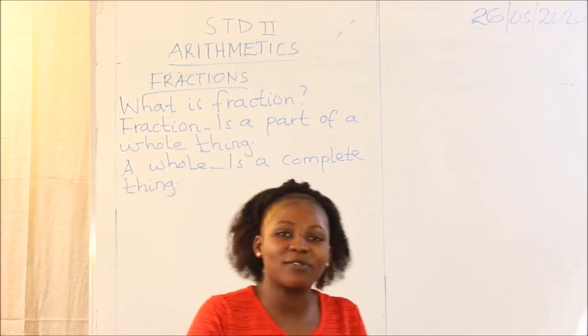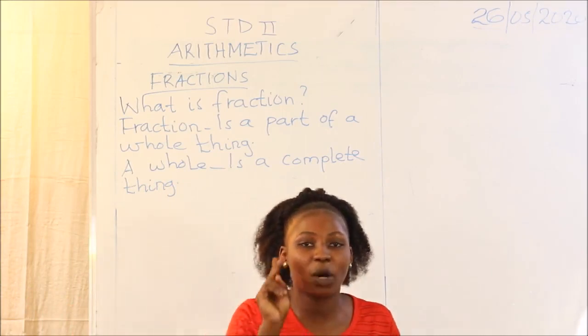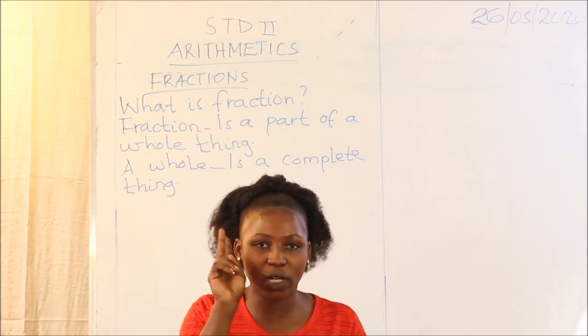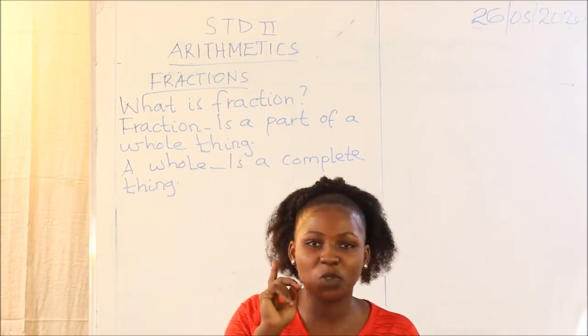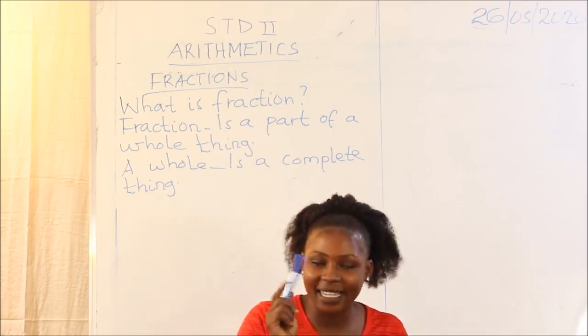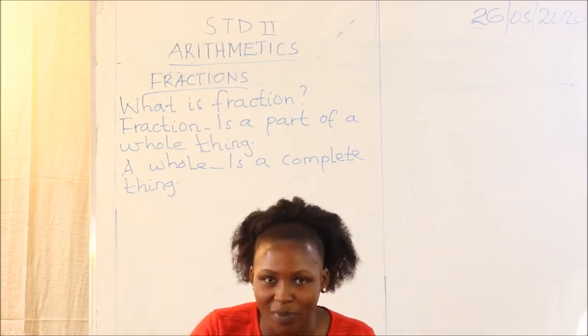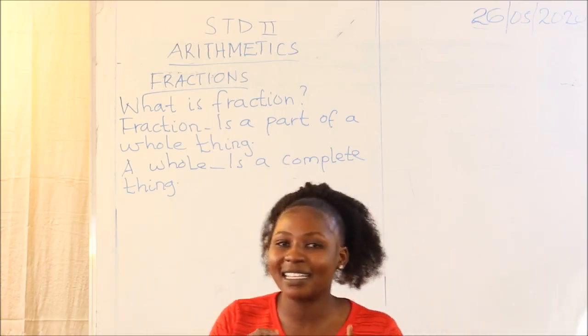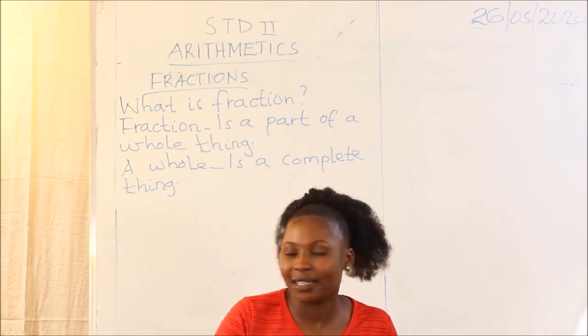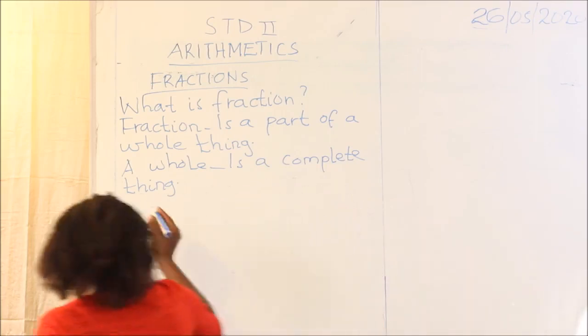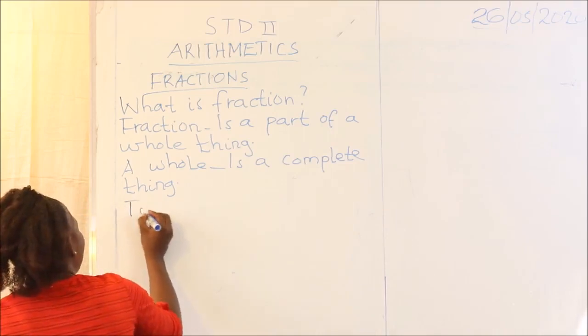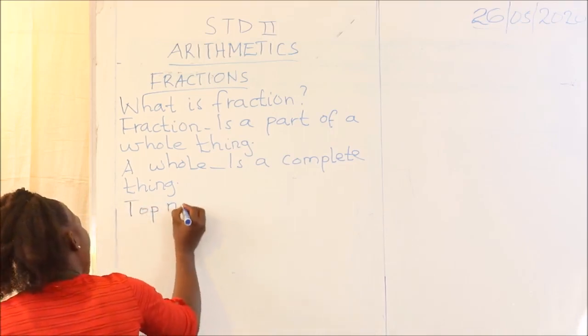In a fraction, you have to know that you have to write two whole numbers. The first one is supposed to be at the top, and the second one is supposed to be at the bottom. And all those numbers have their explanations.